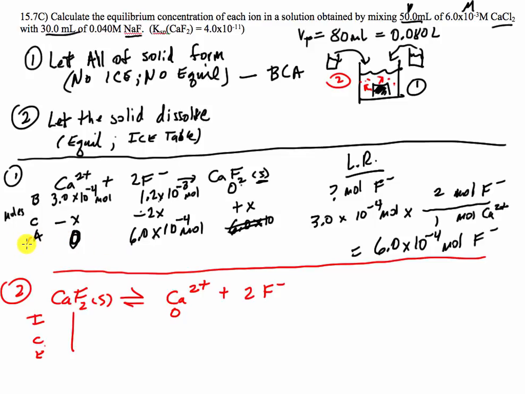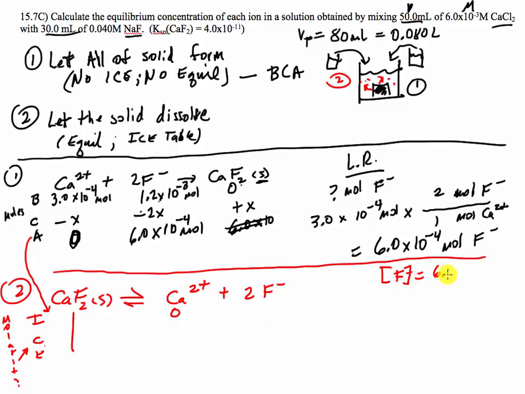So whatever I have at the end here is what I'm going to plug in for my ice table initial here. Now, my fluoride ion is going to be 6.0 times 10 to the minus 4. But remember, I need molarities in ice tables. So this has to be in molarity. So make sure that you plug in molarity into the ice table. Okay, so I have to figure out the molarity of this.